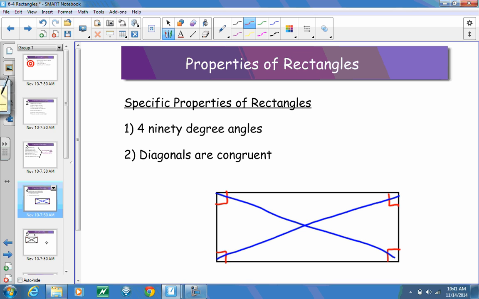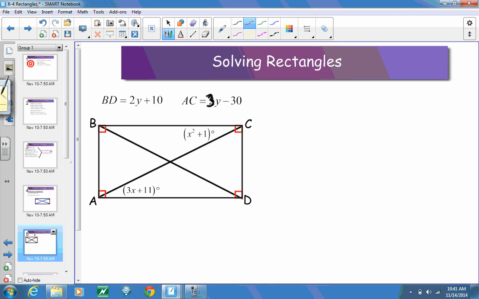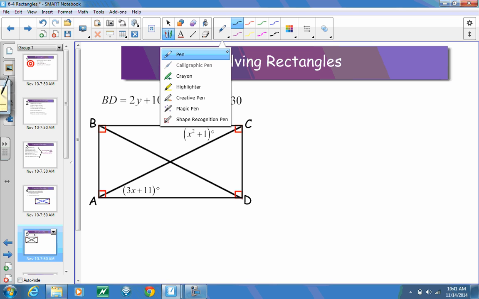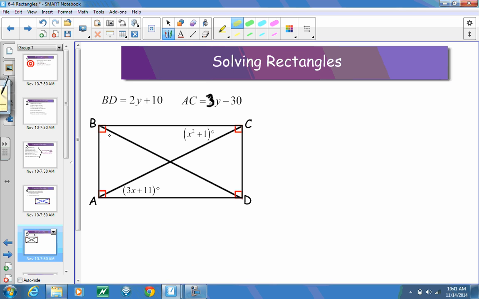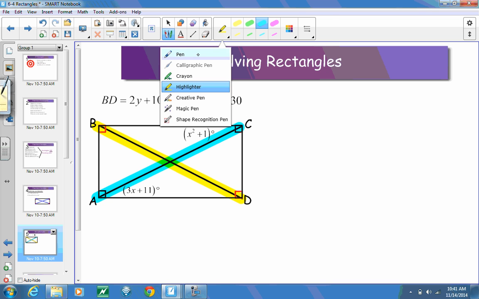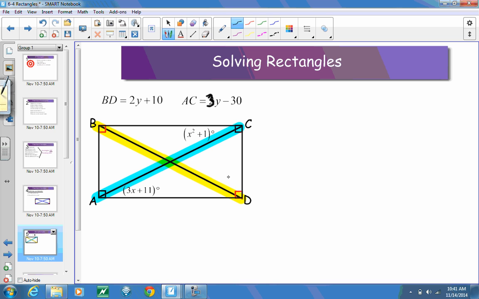So going ahead and showing you an example of how we can solve rectangles using some algebra here. Trying to solve for x and y. I'm going to start with solving for y. I'm given that BD is 2y plus 10 and AC is 3y minus 30. Well, what I'm referring to here are the 2 diagonals. And one thing that we just talked about is how the diagonals are congruent to each other. So BD is going to equal AC.